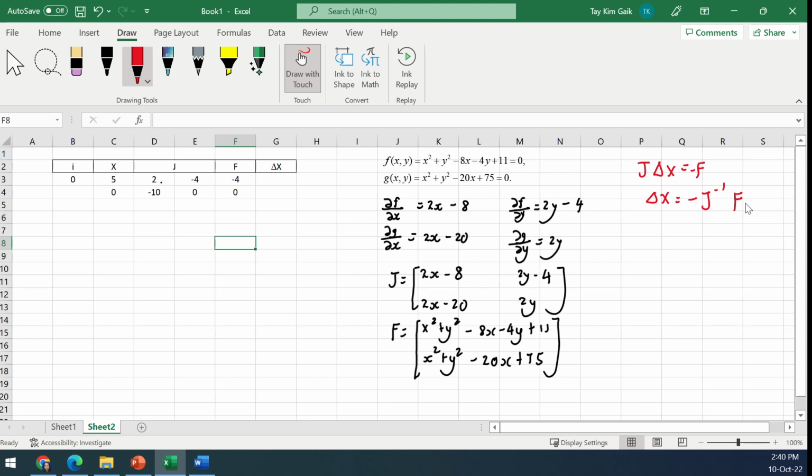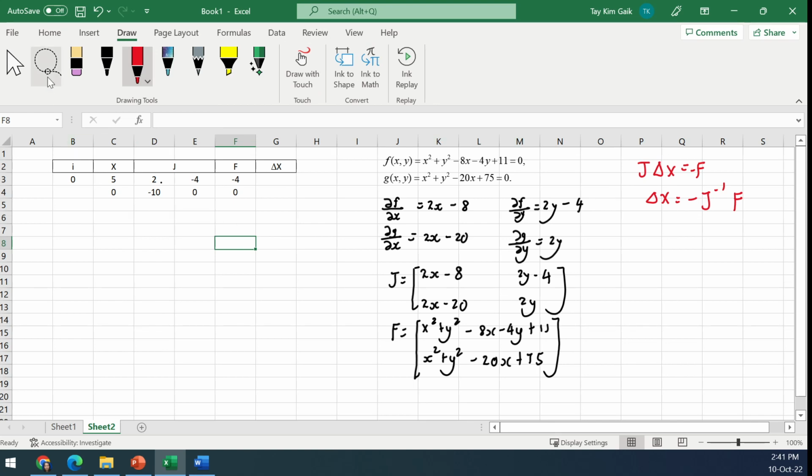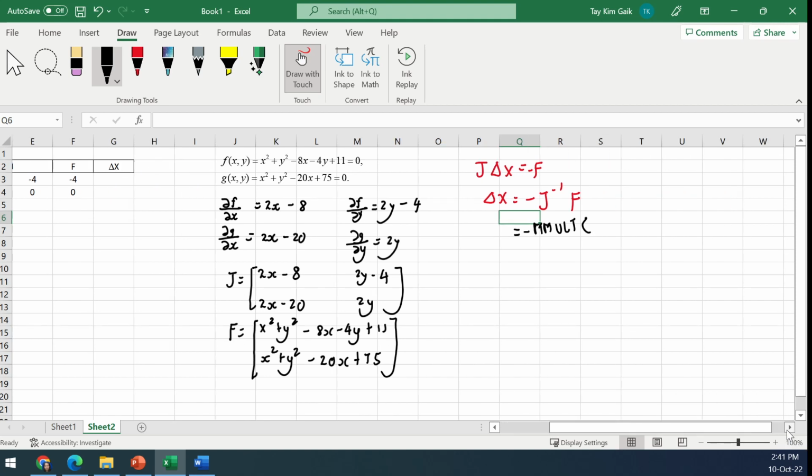And then to do matrix multiplication in Excel, you equal negative MMULT, matrix multiplication of, and then find the inverse.